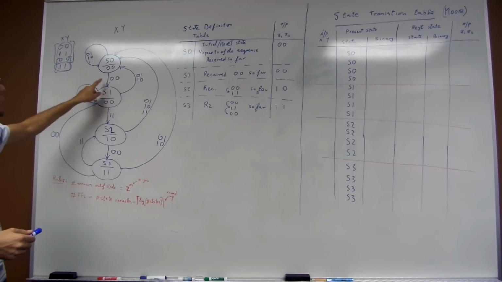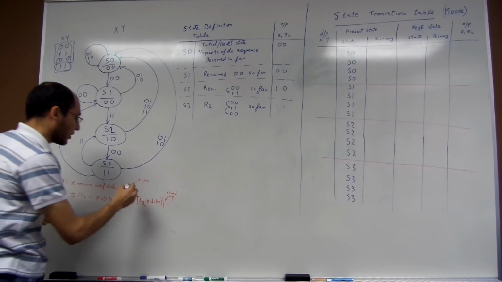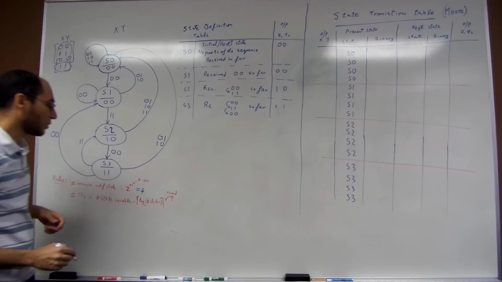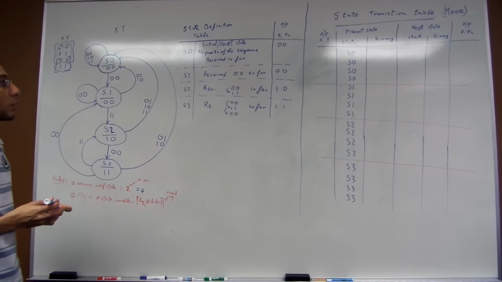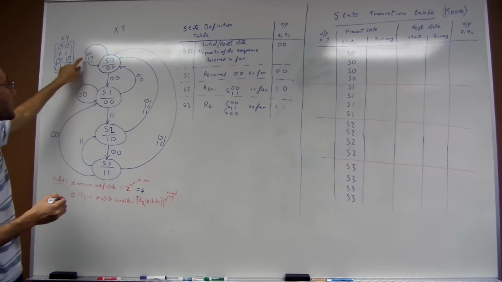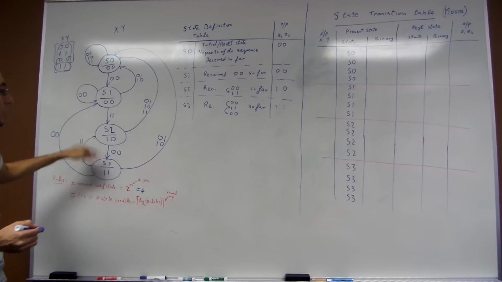Make sure that each state has exactly 4 arrows in our case, since 2 to the power 2 is 4. This represents 3 arrows plus 1, and so on.